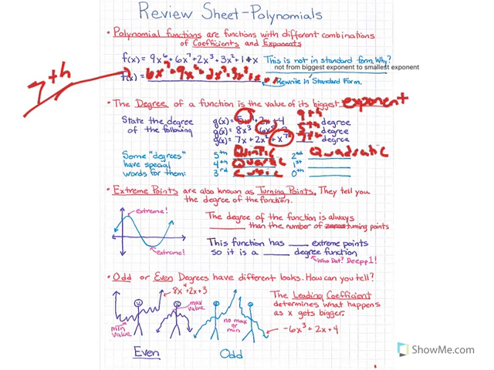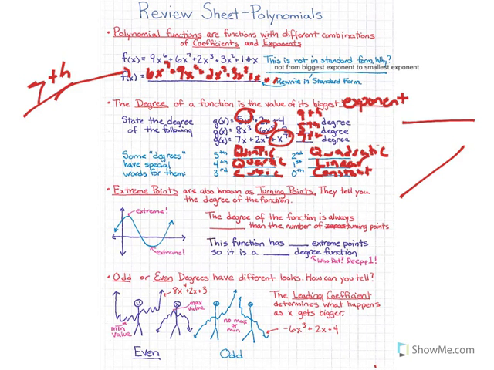A 1st degree is a function that has no turning points. It is a linear. And a 0th degree is known as a constant function. They look like this. They have no change in height. That's why they're known as constants.